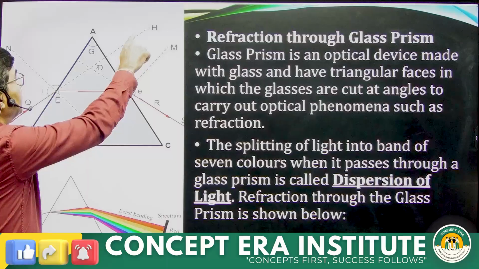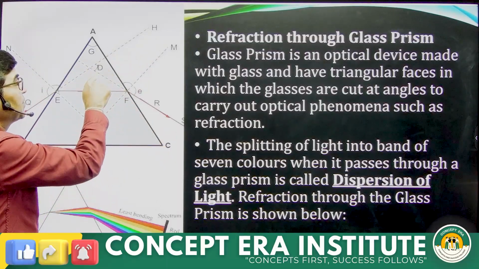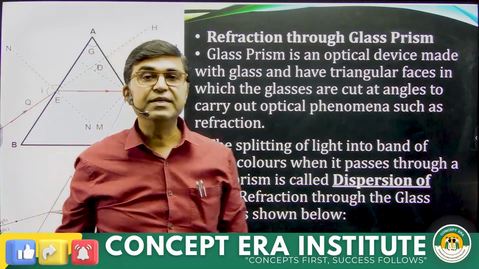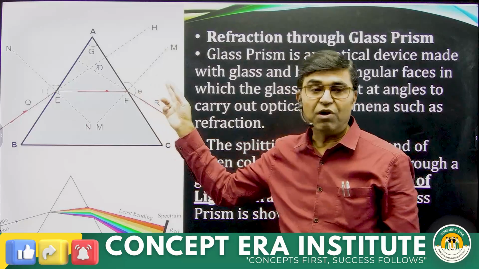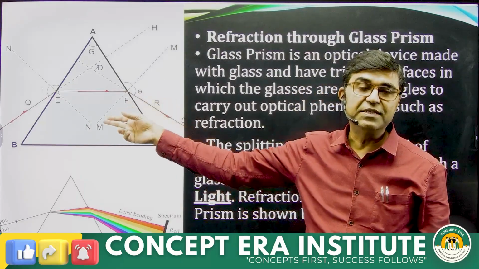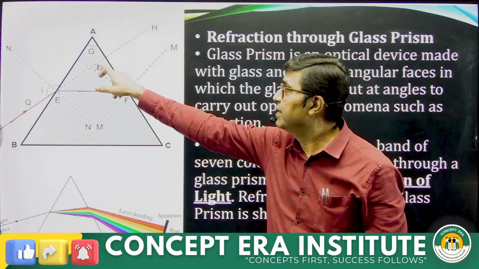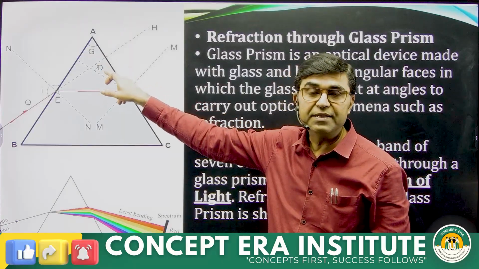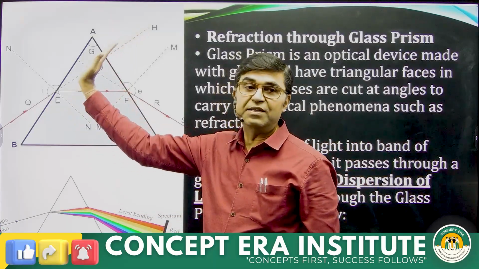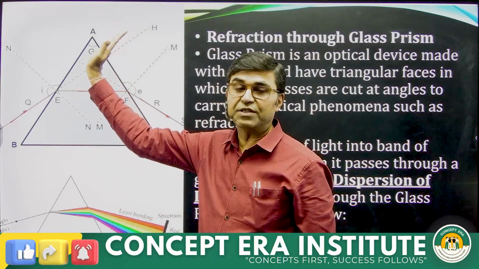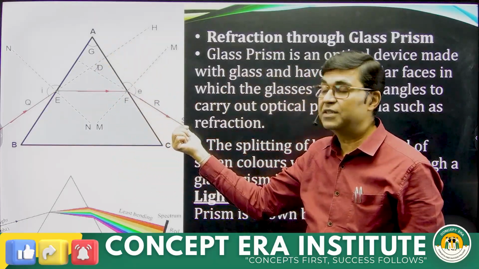So the angle between the original direction and the emergent direction, the angle D, is known as the angle of deviation. In the case of a prism, the emergent light is not parallel to its incident light. Therefore, in this case, we will take angle D as the angle of deviation. That means the light, instead of traveling in its original direction, has bent and suffered a change in its direction.